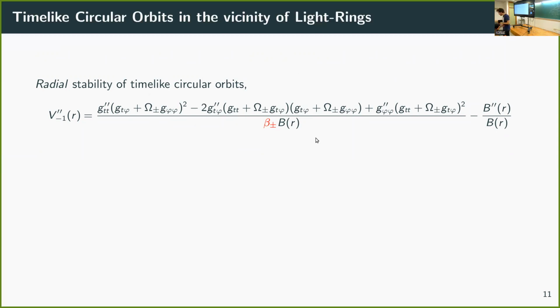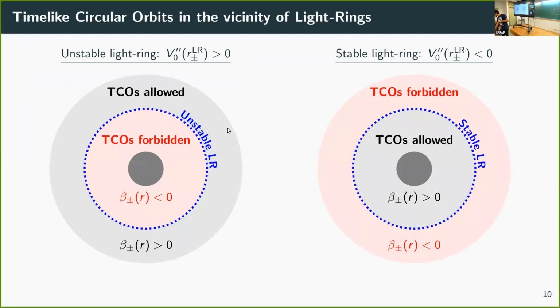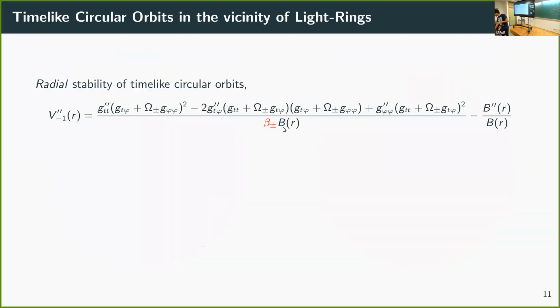Then, if you look at this denominator, the b function, as I said in the beginning, is always positive. And for beta, we are looking at the region where you can have time-like cyclic orbits, so we are in the region where beta is positive. This means that this denominator is always positive in the regions that we are looking at.